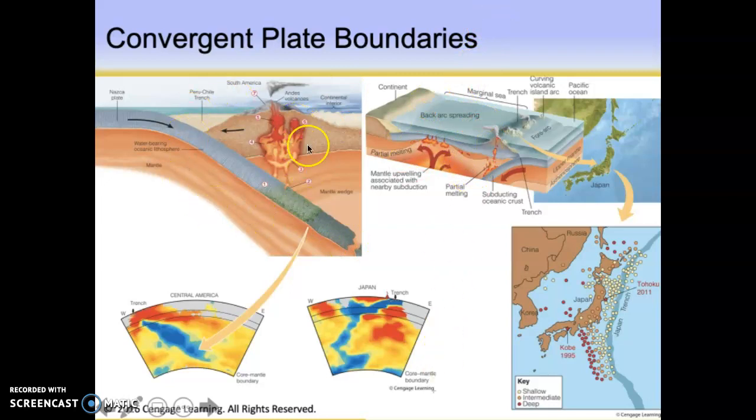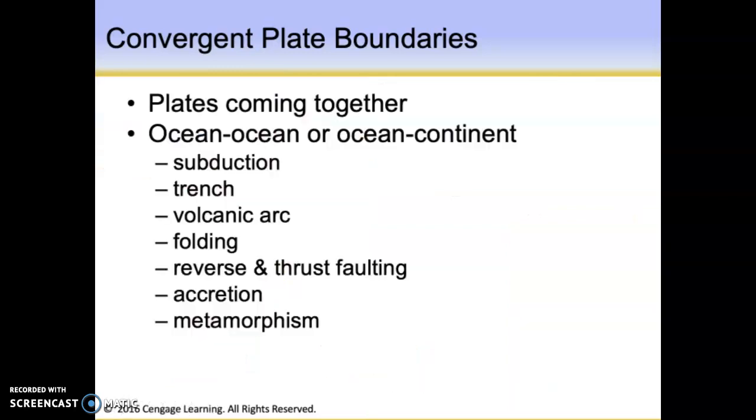So these plate boundaries, the convergent plate boundaries with subduction, are very complex. There's a lot going on here. The other thing I have listed on this slide is metamorphism. This is a type of rock we haven't discussed yet. We've discussed sediments. We've discussed molten rock, which is igneous rock.